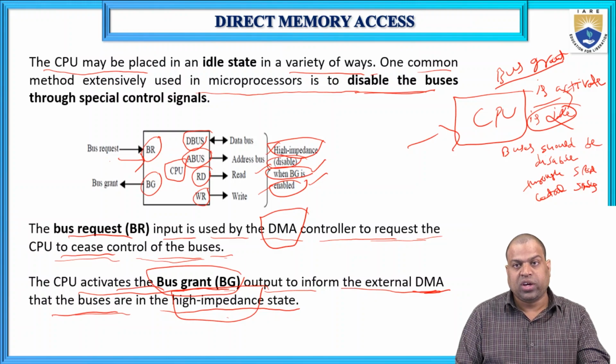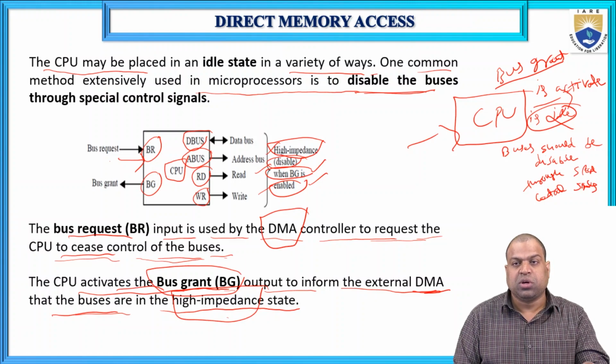So the CPU may be placed in an idle state in a variety of ways, and a common method extensively used in microprocessors is to disable the buses through special control signals. When we disable the buses through special control signals, then there is no need of the CPU.